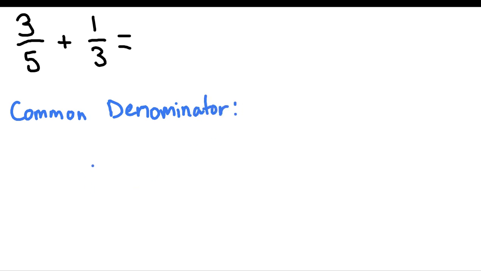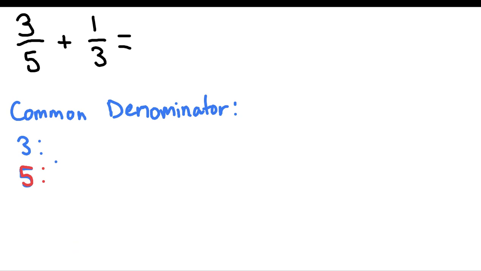And our common denominator can be found by finding the least common multiple. So let's list out the multiples of 5 and 3. I'll do them in different colors. We'll do 5 in red. So here are the multiples for 5 and the multiples for 3.